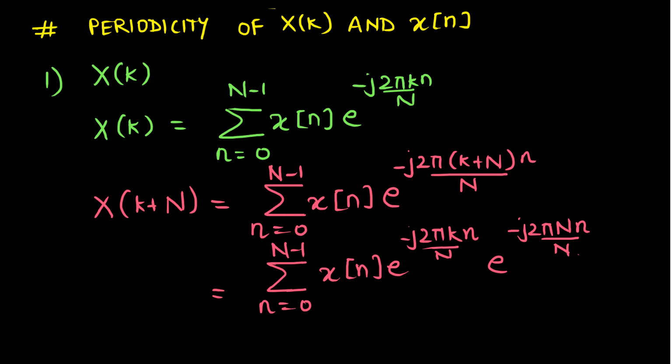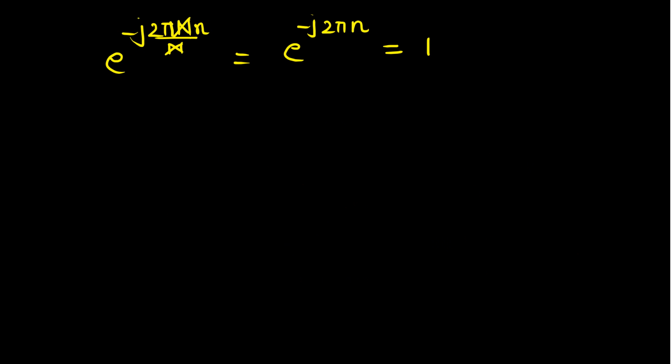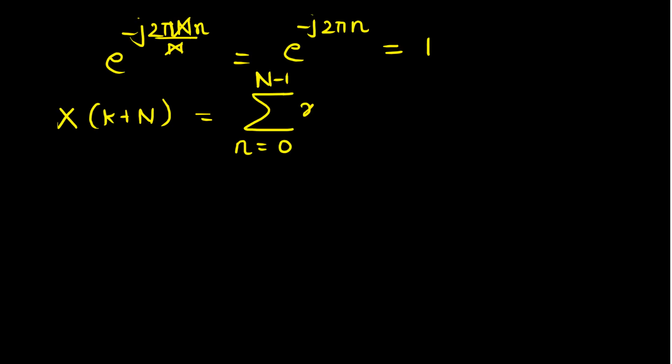And when we substitute this in this expression here, we have X of k plus N is equal to summation n running from 0 to N minus 1 x of n into e to the power minus j 2 pi k n upon N.